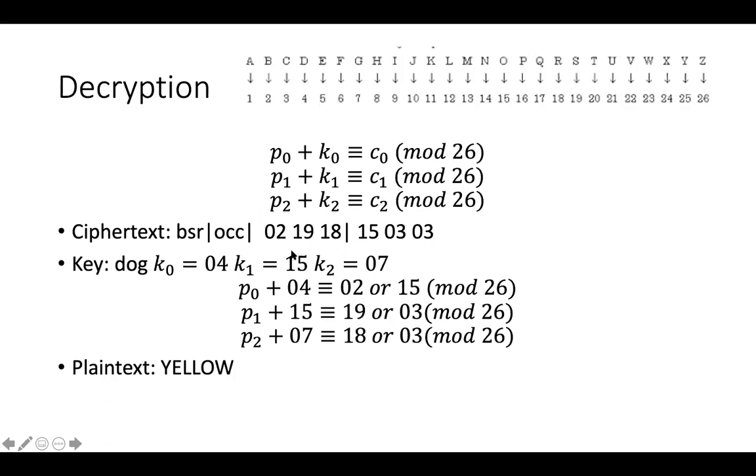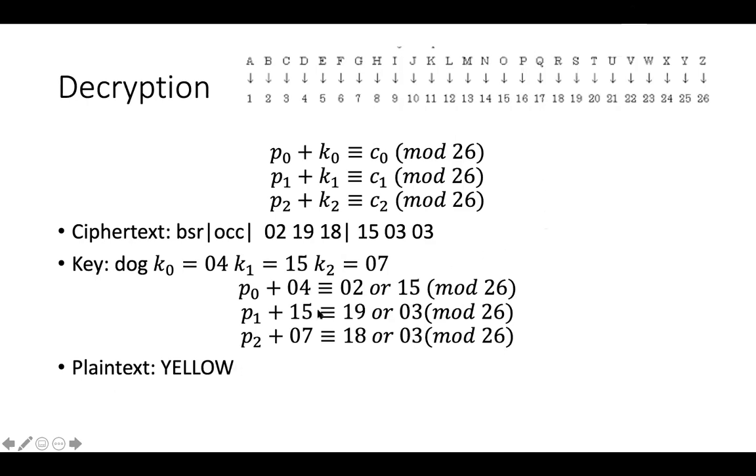We're plugging everything into our equations and trying to solve for the plaintext letters. For B and O, we use the first equation, for S and C, the second, and for R and C, the third. This is because of the length of the keyword we're using.